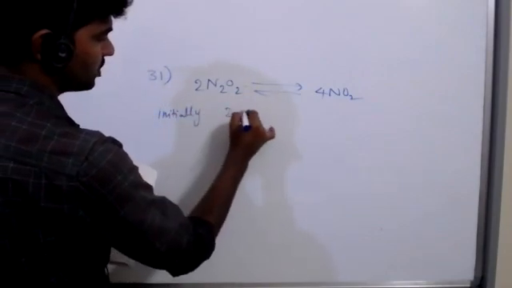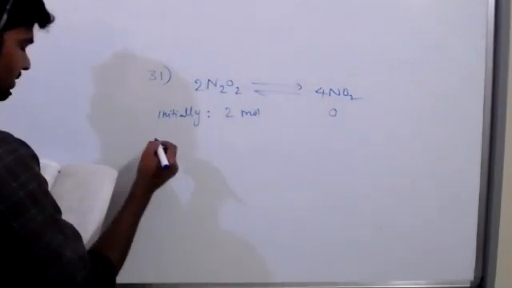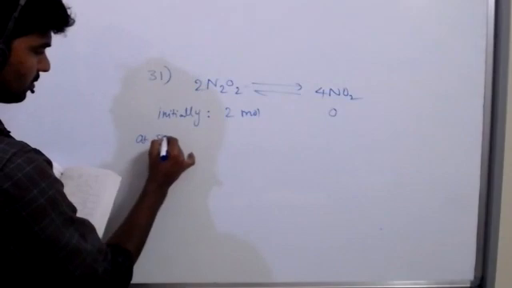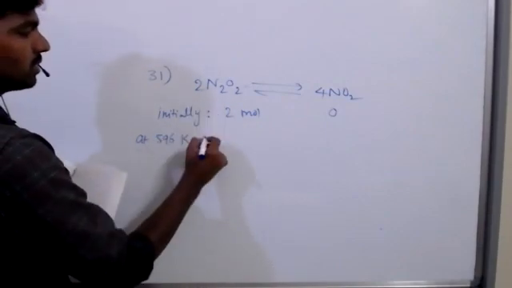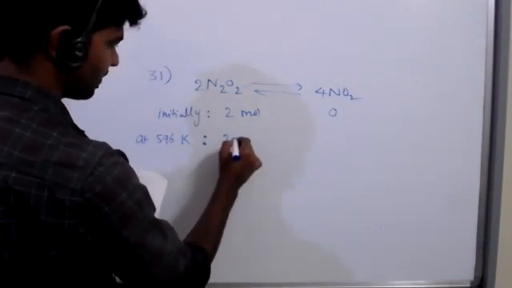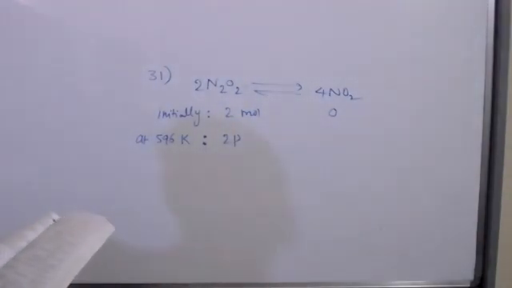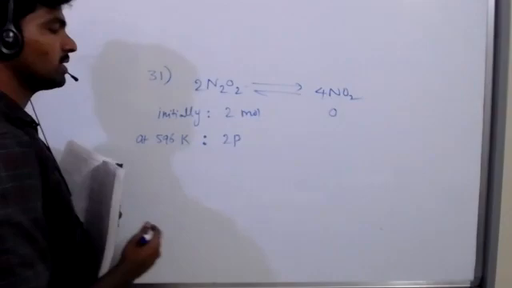Initially it is 2 moles, and this is 0, at 596 Kelvin. In this, some amount, that is a P amount, decomposes. At 596 Kelvin, its pressure is 2P.